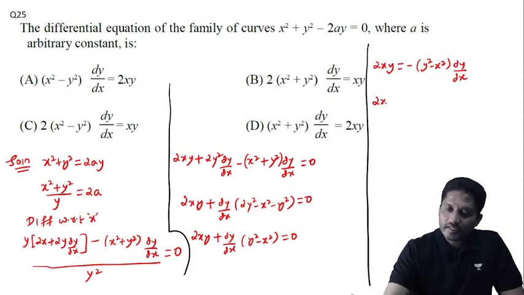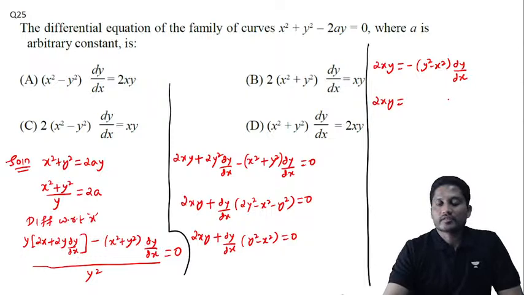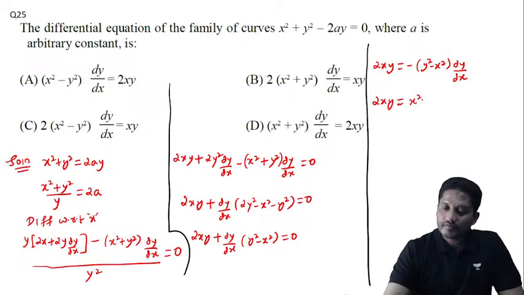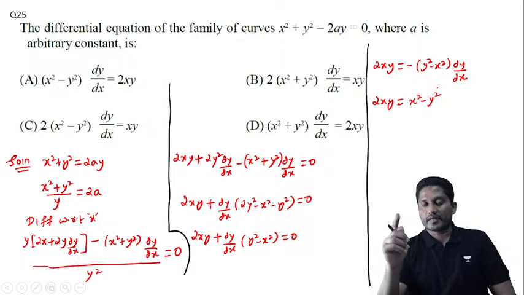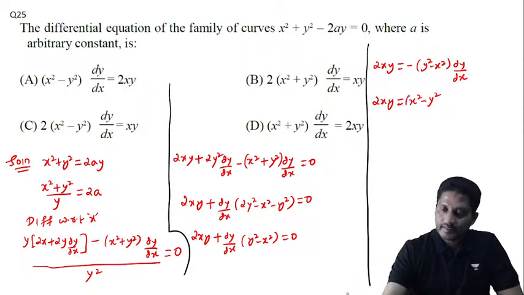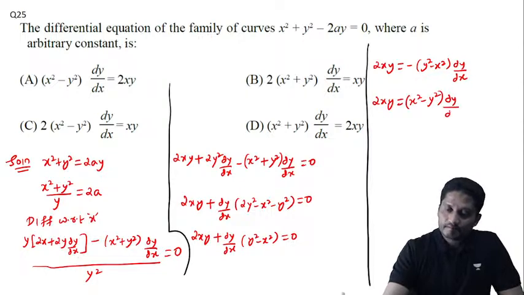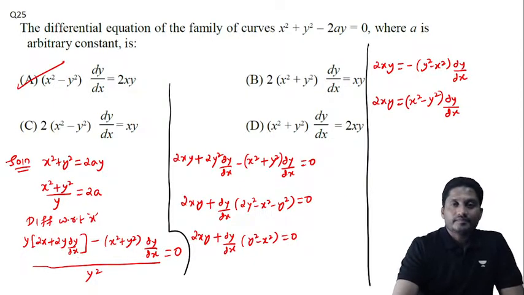Now this is, minus of y square minus x square, if you open the bracket you get x square minus y square into dy by dx. Okay, answer is option A only.